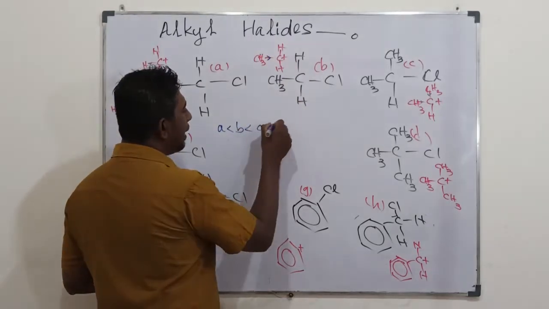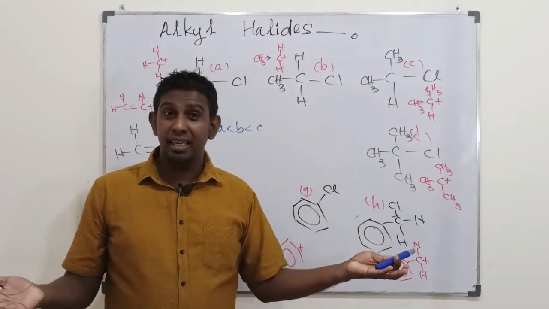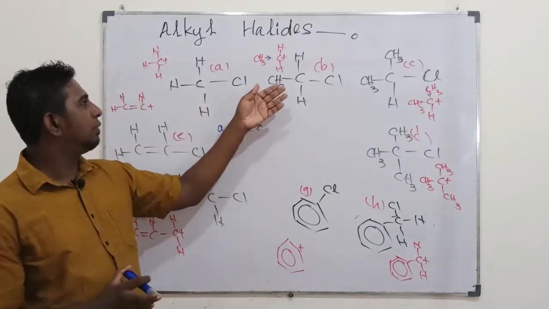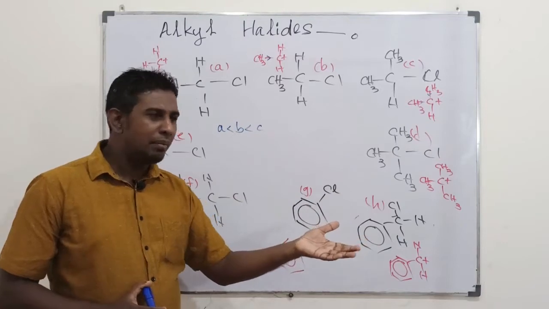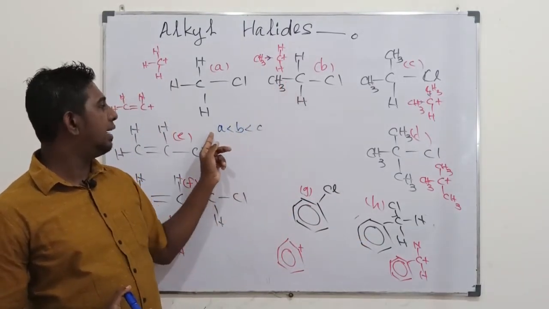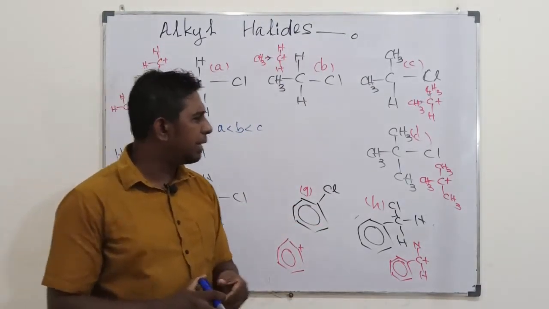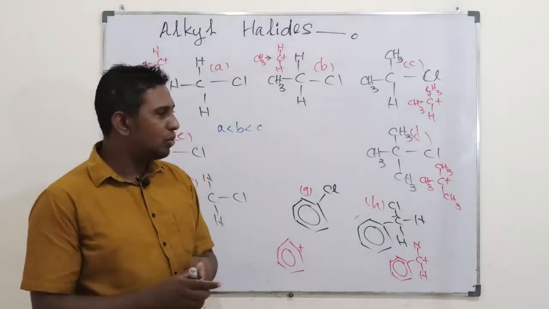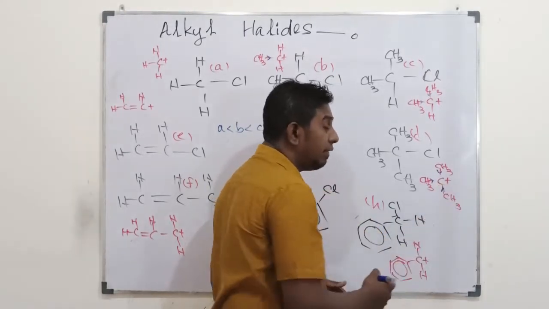Therefore, I'm going to say the carbocation formed by C is more stable than the carbocation formed by B. Both these belong to the primary, but this has one alkyl group. Therefore, it's better than this having no alkyl groups. Then students, when you compare it with this, it's a tertiary carbocation. So it has three such alkyl groups giving electrons.